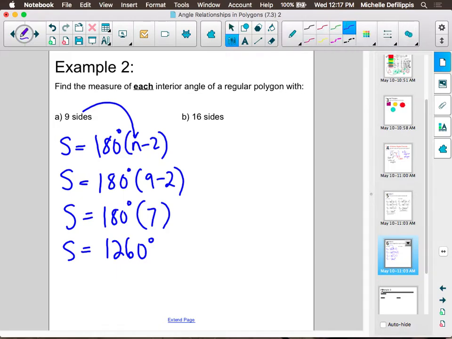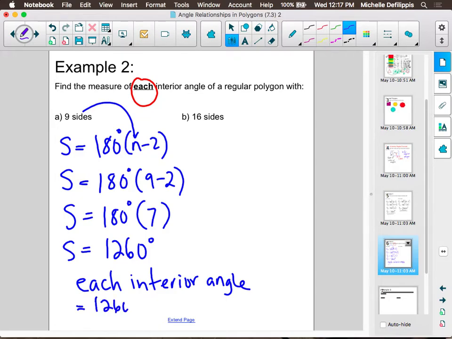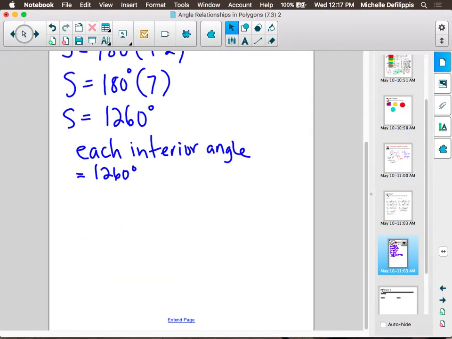How would I figure out the value for just one of those? Okay, well, let's think about that. Each interior angle will have to be this number, 1260, divided by, well, how many sides are there in this shape?